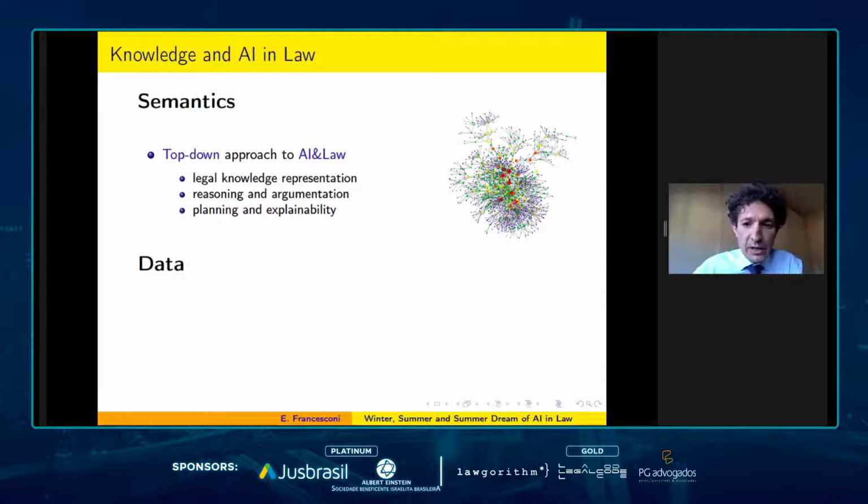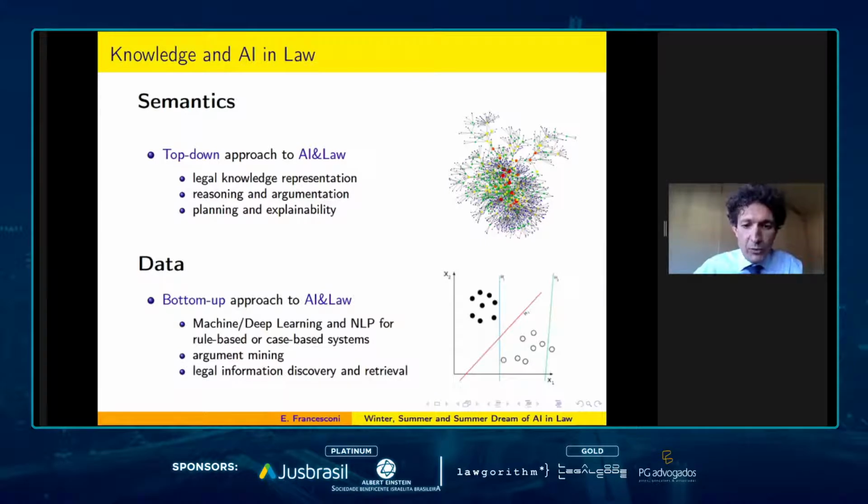And it also provides a large amount of data, or smart data in particular, for a bottom-up approach to AI in law, in terms of machine or deep learning and natural language processing for rule-based or case-based systems, argument mining, legal information discovery and retrieval.